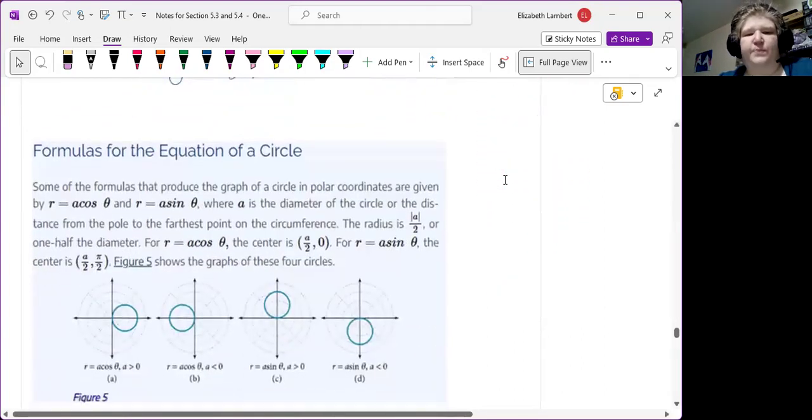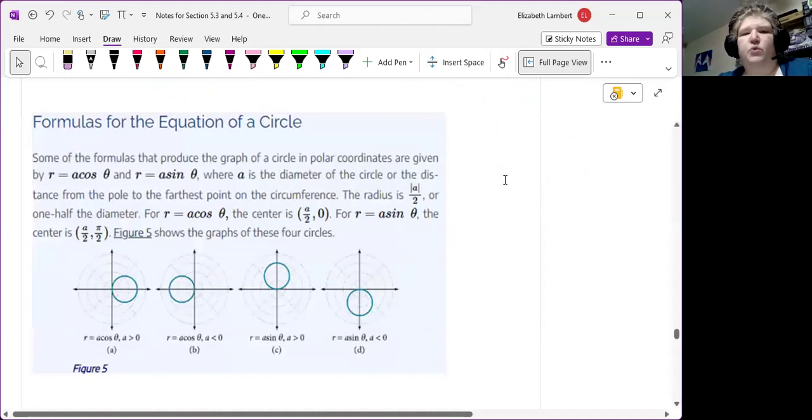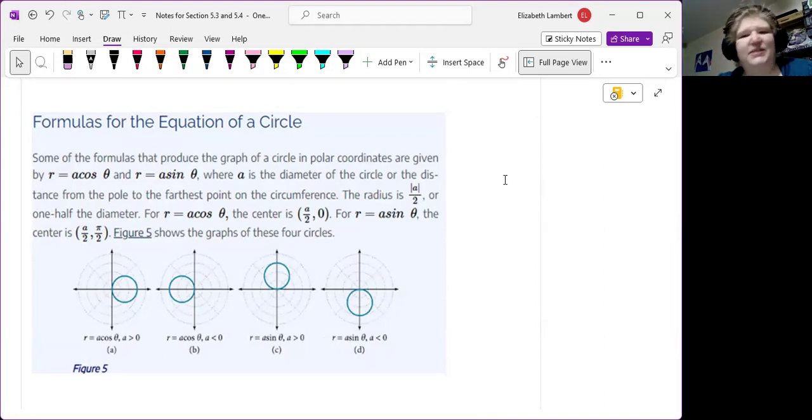All right, so they go back into all of the pretty picture formulas with more details. We're not going to ask you guys to use these, but they're here if you were curious. If we have a cosine graph, it's going to graph a circle around the x-axis on the right or the left.